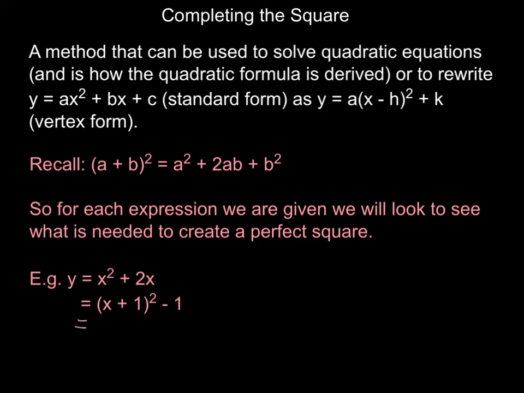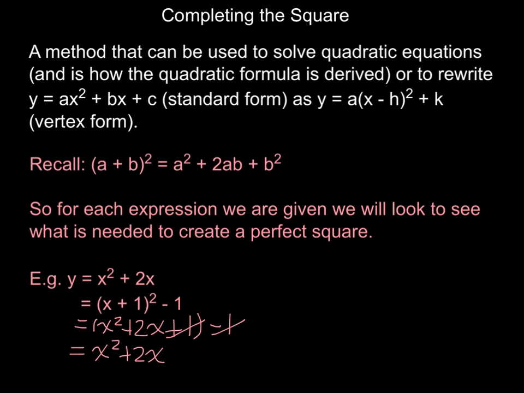We know that this will become x squared plus 2 times x times 1 plus 1 squared, which is 1, and then we have minus 1 at the end. And then we're left with x squared plus 2x, because a plus 1 and a minus 1 subtract out. So we know that they're correct.